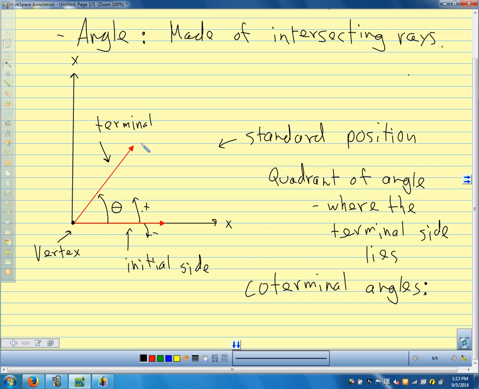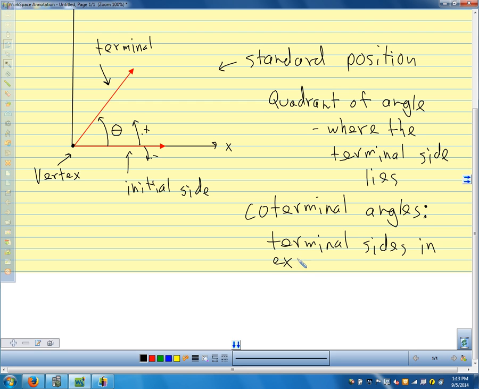So a coterminal angle just means the terminal sides are in exactly the same place. And we'll talk about how we find specific coterminal angles in a little bit.